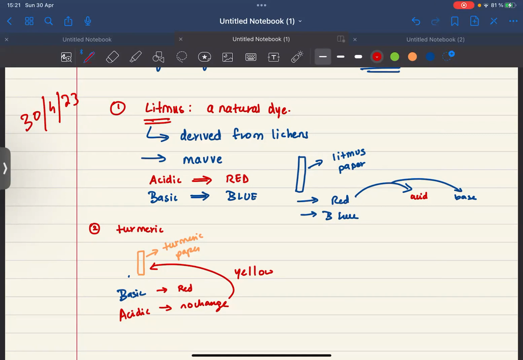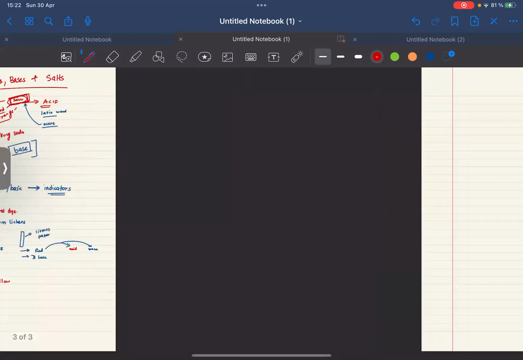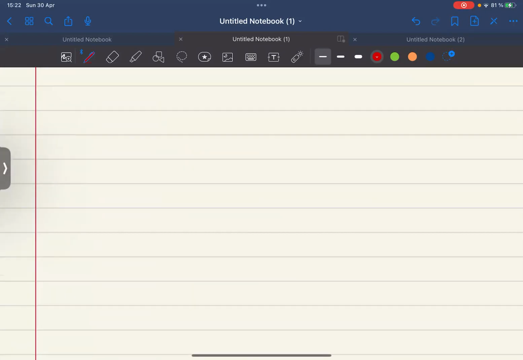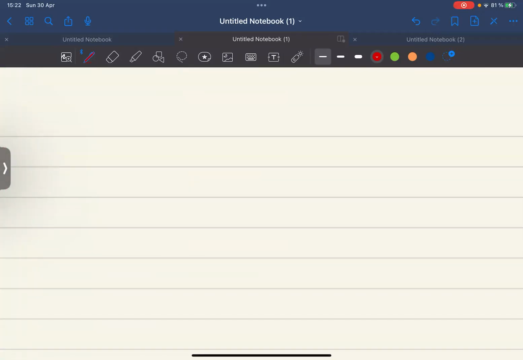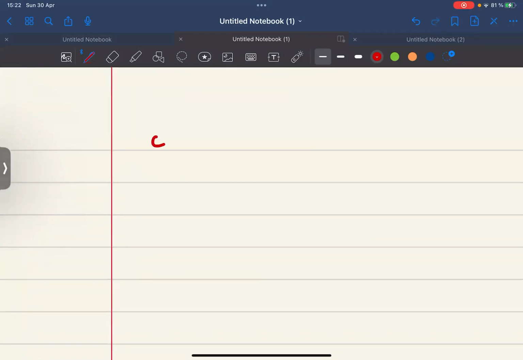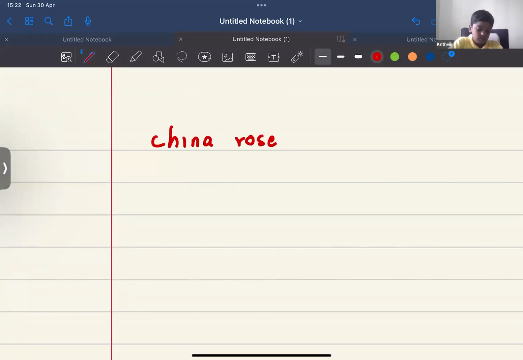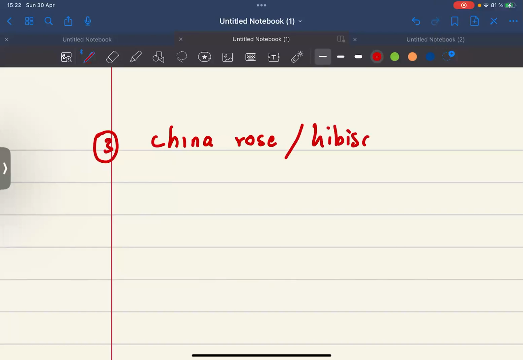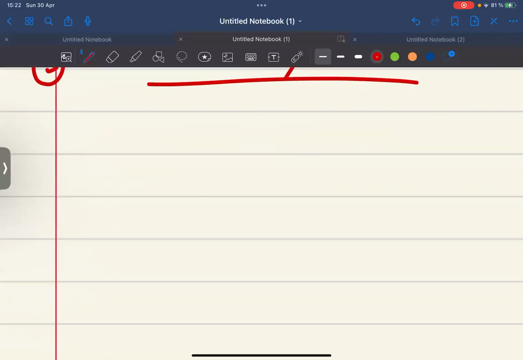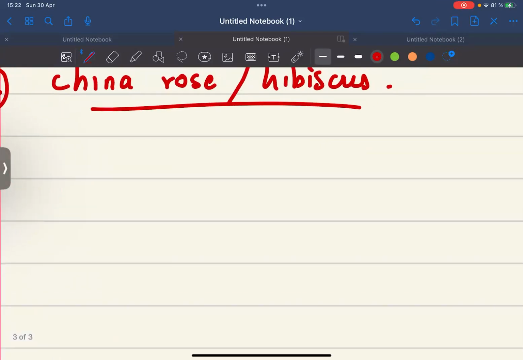Okay, all right. So we're going to see another indicator, that is China rose. Ma'am, hibiscus. Yes. China rose is basically just hibiscus. You're going to get the juice of it, you're going to grind it.